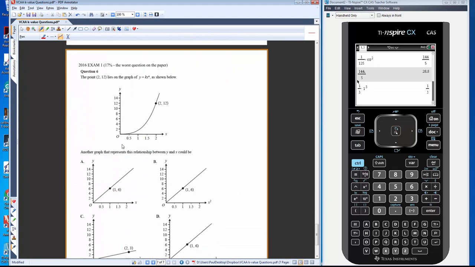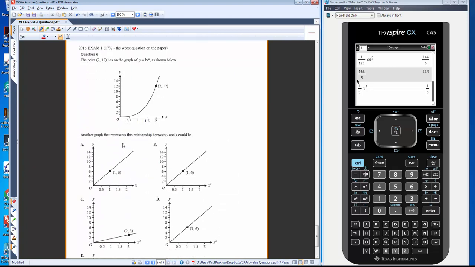Alright, so this brings us to last year, this question here, and it was a bruiser. Okay, so what we know here is we've got a point on this line here. Okay, now it's on this graph here, so they haven't given us the k value, they haven't told us what the graph is.